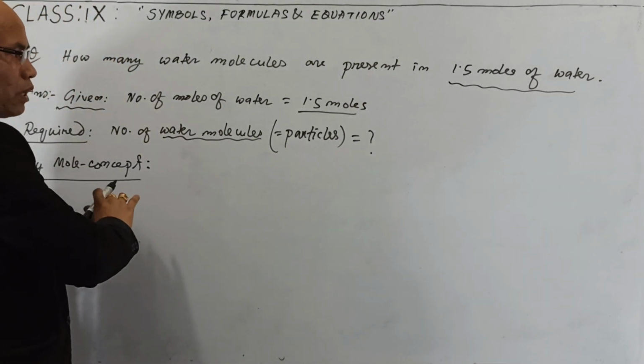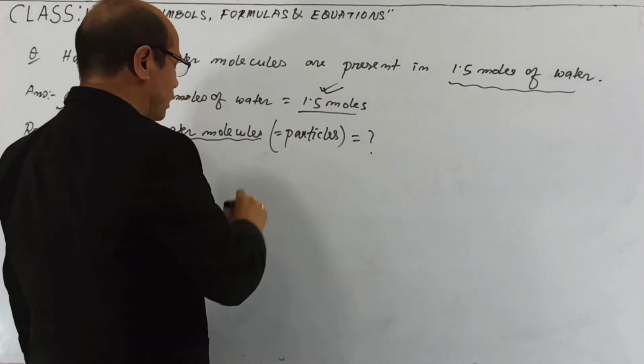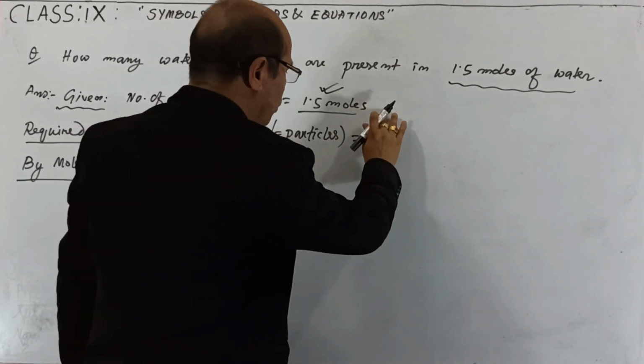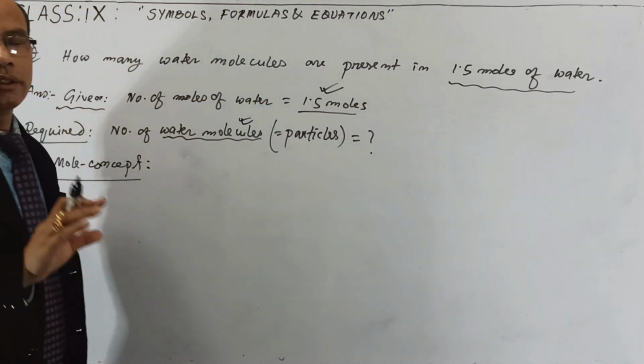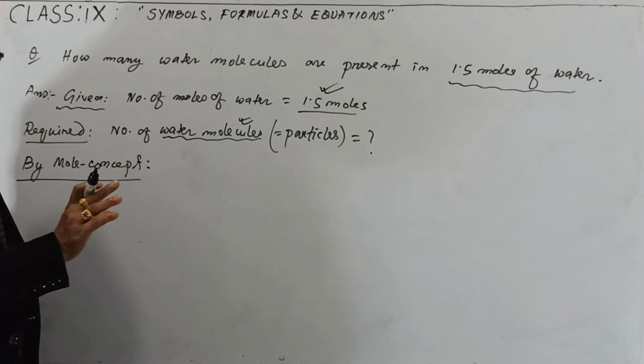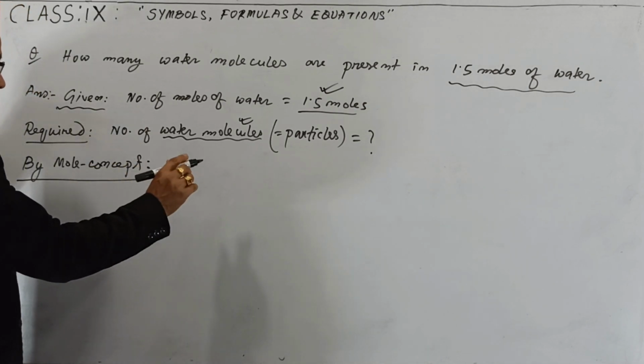Out of these 4 parts, this is necessary since it is given to us. This is also necessary because we are going to find it out, that means number of moles and number of particles. The relationship between the number of moles and number of particles is necessary out of those 4 parts. So we are not going to write all the 4 parts.